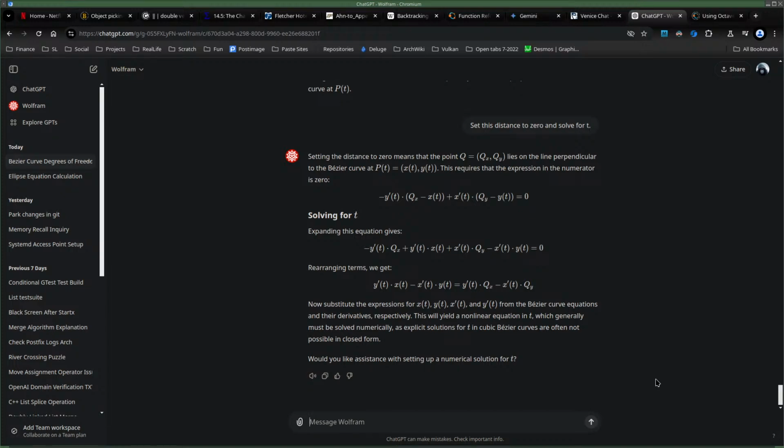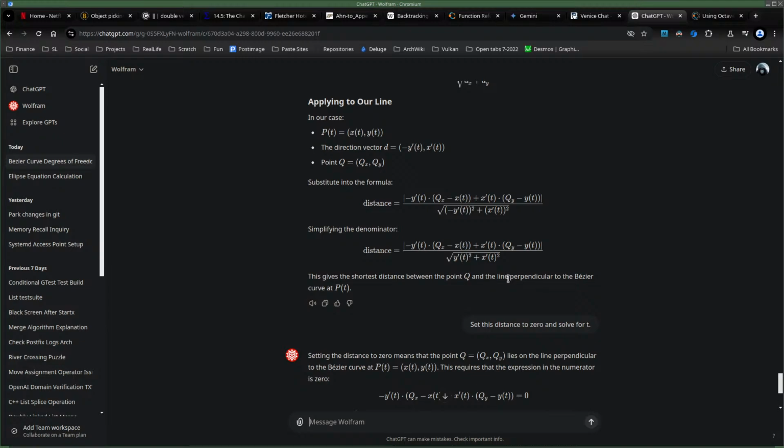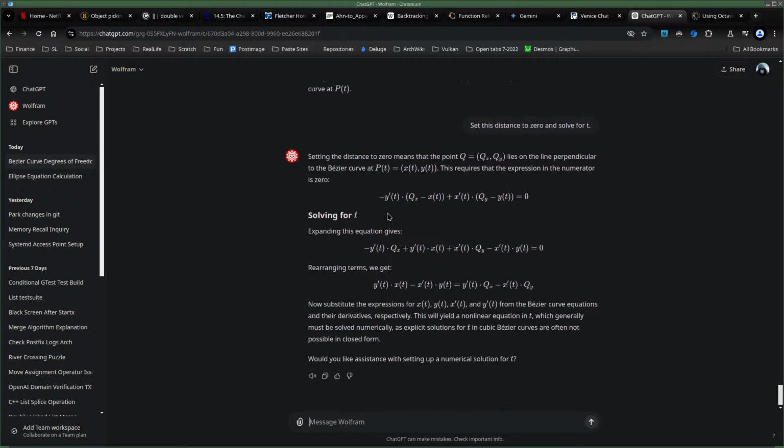There's a numerical solution again. Okay, let's see. So the distance is 0, and then of course only the thing at the top must be 0. That would be y prime times q minus an x, and the other way around. So q minus an x and the other way around equals 0. Great.